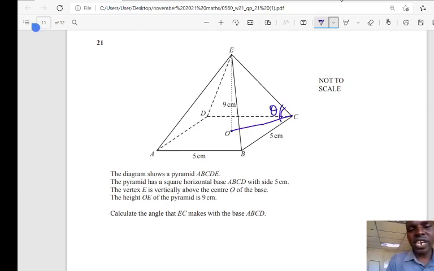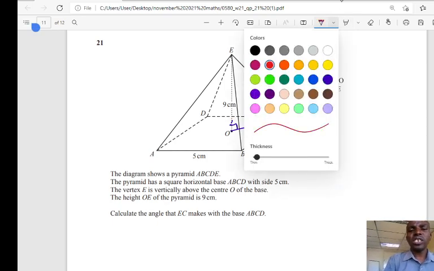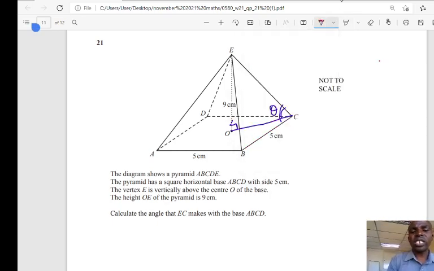In this case, this will be a right angle triangle since E is vertically above. To solve this, you must first find this side, the radius. How do you find this side? You reproduce your triangle. You find the side AC first using the square, because this is a right angle triangle.